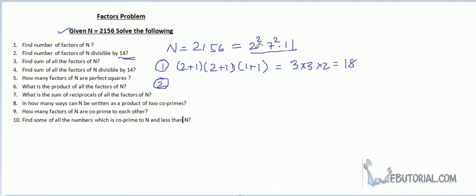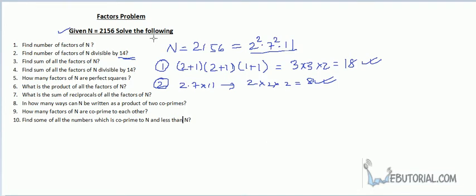If you remove 14 from this number, you will get 2 into 7 into 11. Now the number of factors here will be 2 into 2 into 2, which is 8. So out of these 18 factors, 8 factors are divisible by 14. I hope it is clear to everyone.